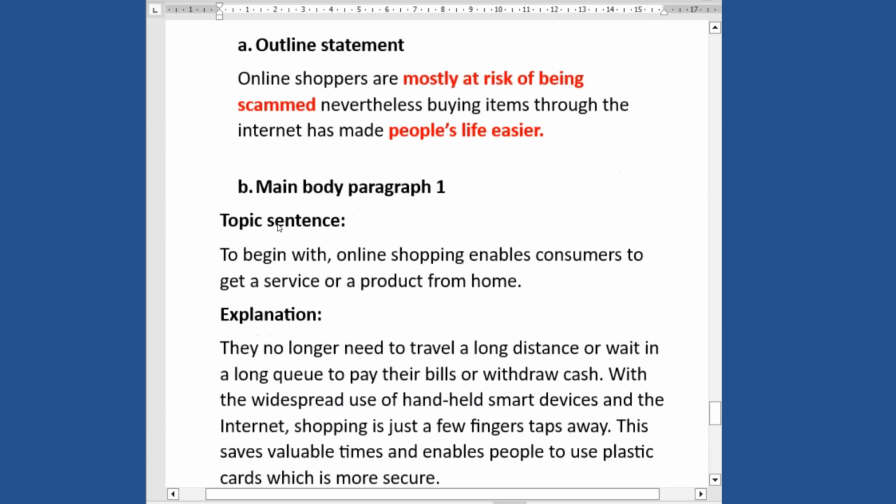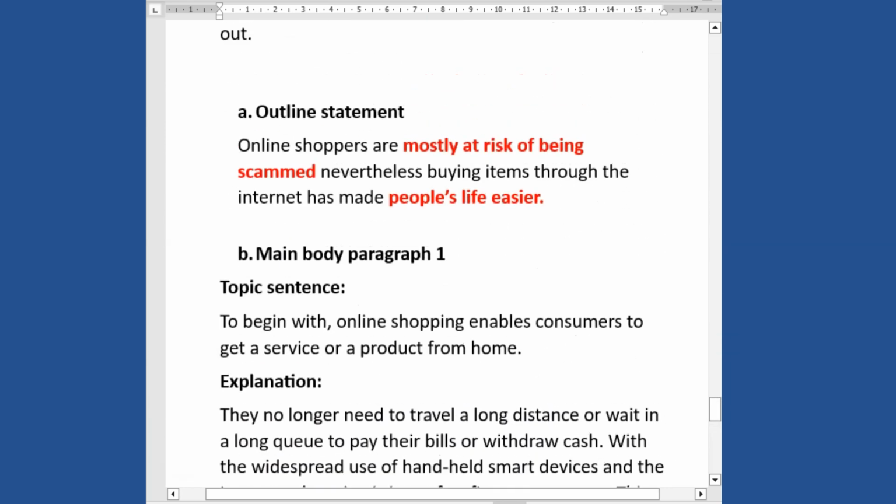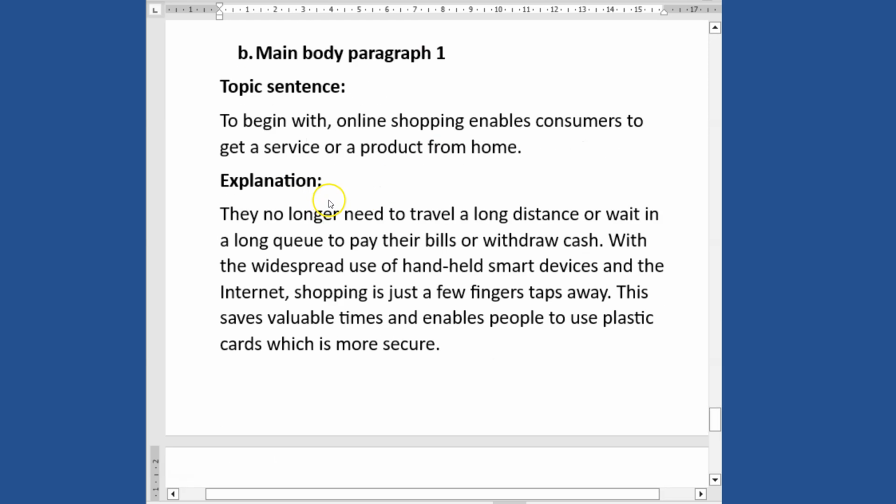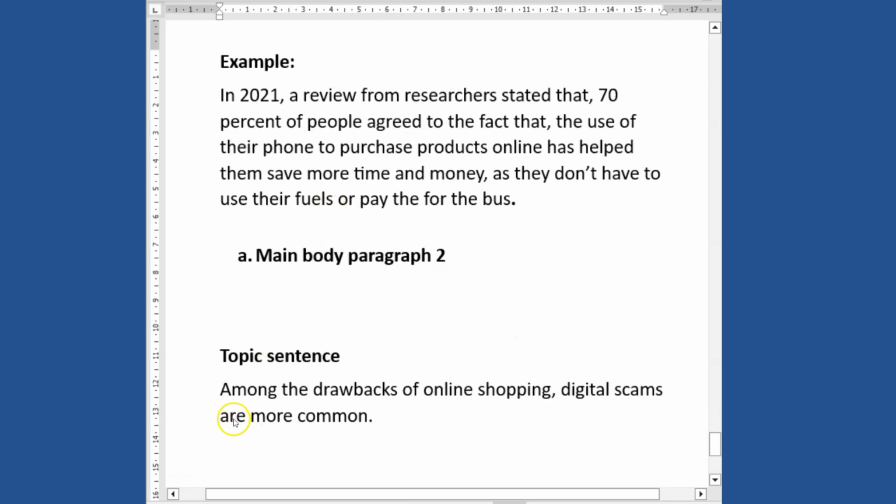And note that I did not use any different point. It is the one I started with in the outline statement. In the outline statement, I stated that online shoppers are more at risk of being scammed. And that's the same thing I stated here.